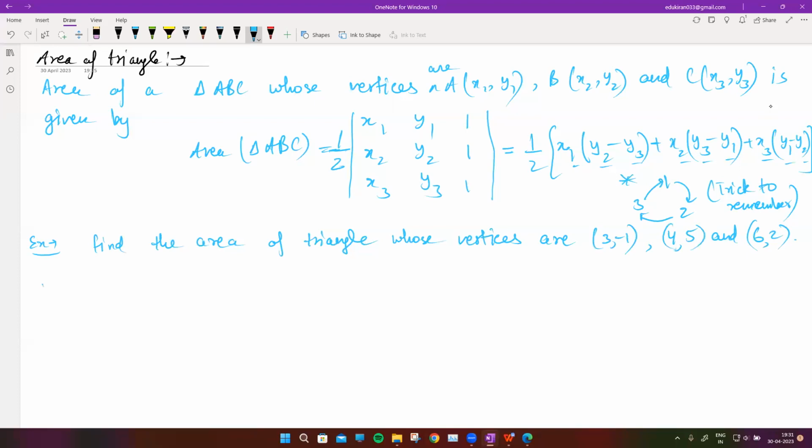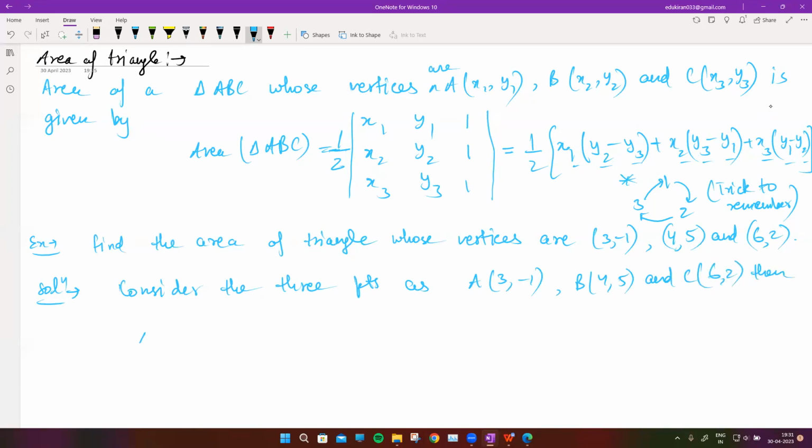So what we will do is consider the 3 points as A (3, minus 1), B (4, 5) and C (6, 2).